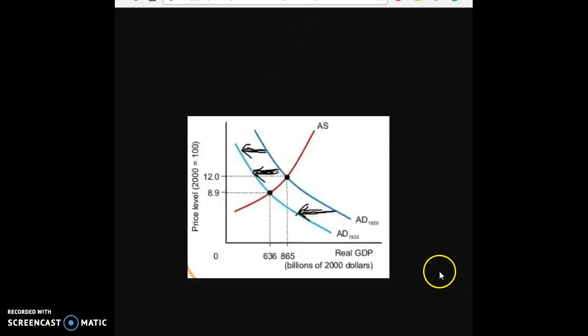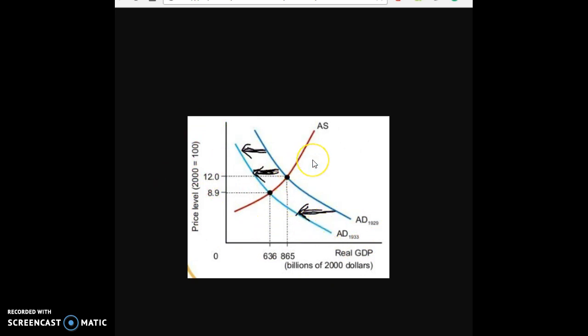Okay, so now I'm going to talk about the effect of a decrease in inflation on the economy. So over here, this graph shows deflation.